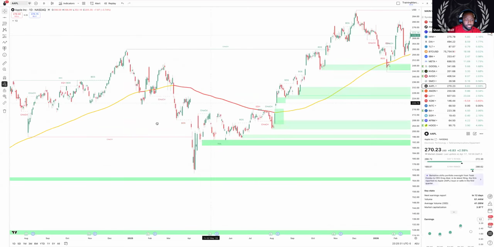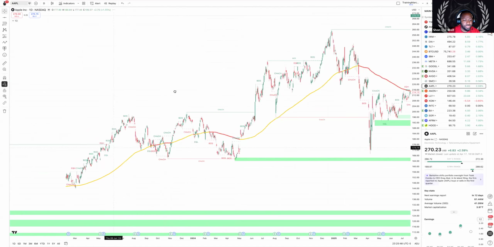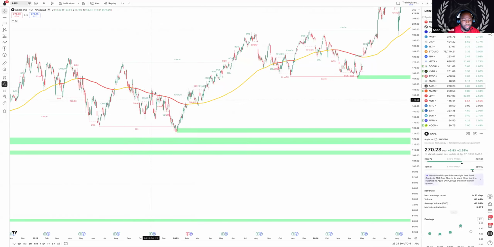When you're looking at the 200, you look at it as the long term trend, the long term bias of a stock. So our 200 tells us the overall bullish or bearish direction of a stock, and you can see it being true all throughout Apple.